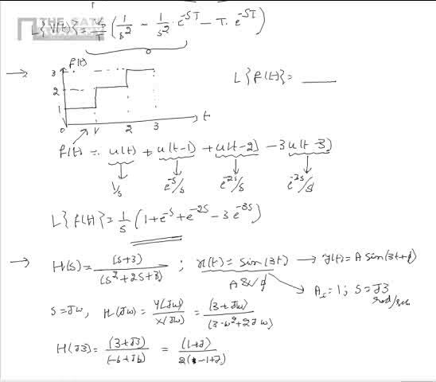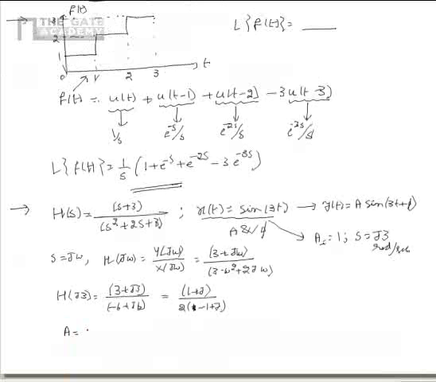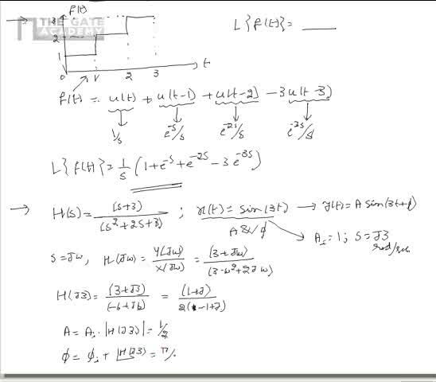From this we see that the magnitude of the output A is equal to Ai multiplied by the magnitude of H of j3, which is equal to half, and the phase phi is equal to the phase of input plus the phase of H of j3.